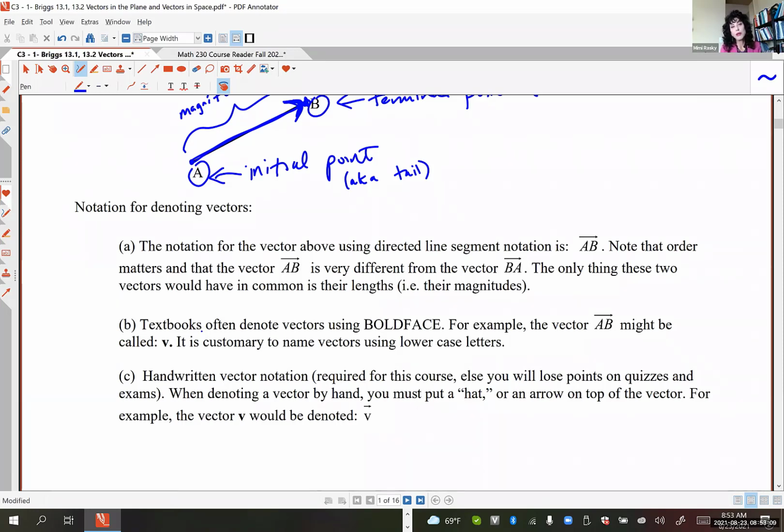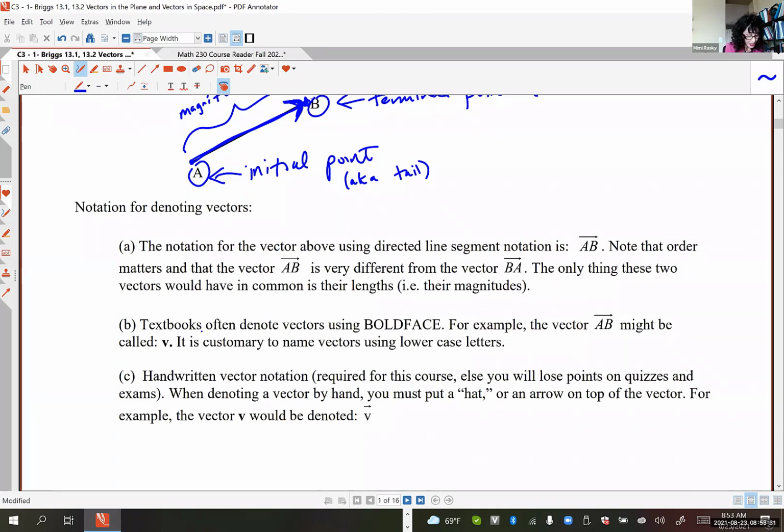I won't take off too many points. But as the semester progresses, if you continue to not honor the correct symbolic language here in math, then you might lose a few more points. So we don't want that to happen, right?